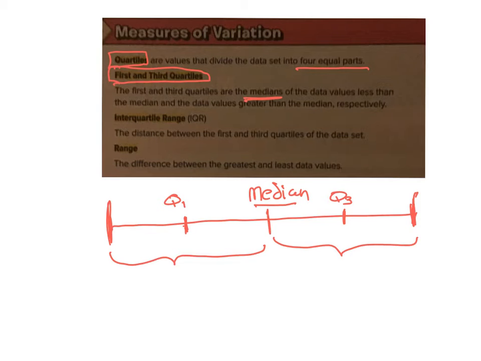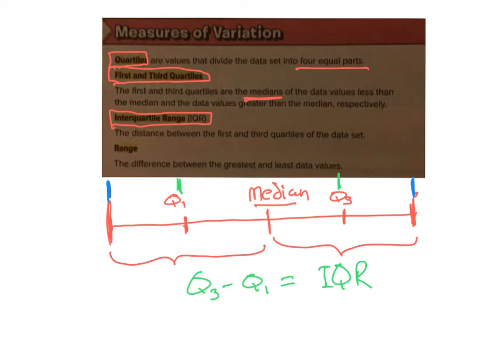parts. Now you have an interquartile range. Of course, the range of a set of data is from here to here. But if I want a quartile range, it's going to be from here to here. And so the way I get that range is I take Q3 minus Q1, and that gets me my interquartile range, or better known as the IQR.